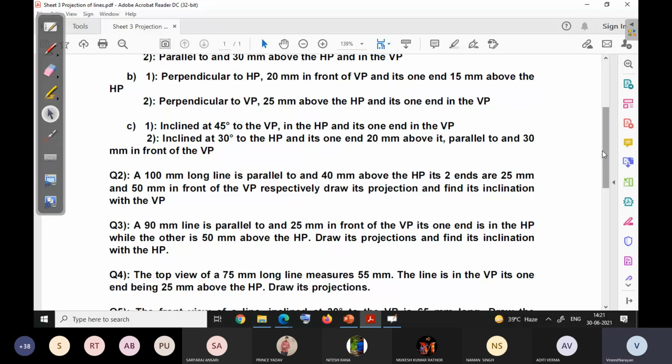Okay, let's take C. Question number first C, which is inclined to vertical plane in HP, and its one end is in VP. I hope other questions are easier.